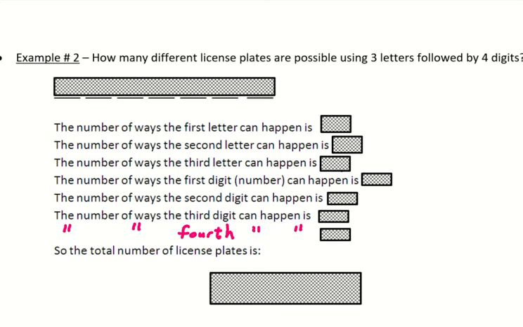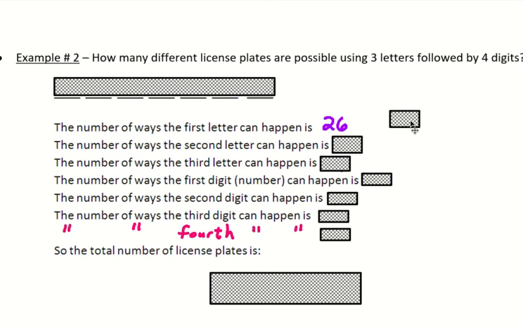How many different possible license plates are out there? And this is the counting principle, because you could look at it as, okay, how many ways could you choose the first letter? There are 26 ways the first letter can occur.